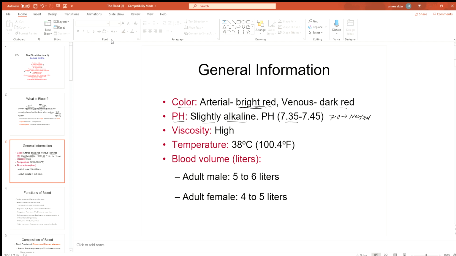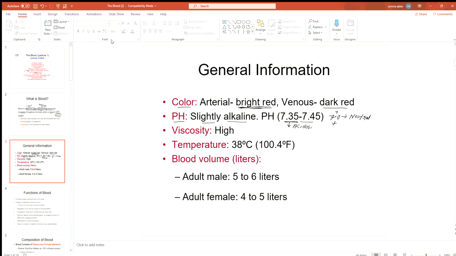If pH goes below 7, that is acidic. Above 7, that is alkaline. So blood is slightly alkaline and the pH is between 7.35 to 7.45. Now if the pH of blood goes below 7.35, then it is called acidosis because it is moving towards acidic.